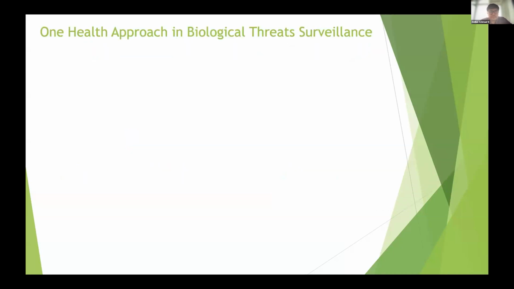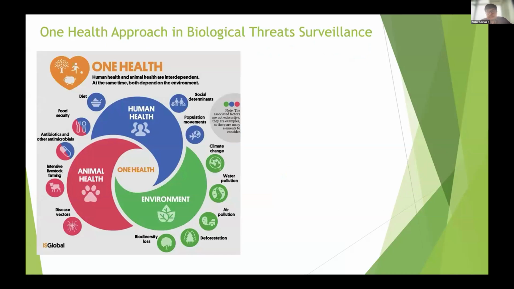Right now, with what I've said in the introduction, there is the possibility of biological threats, involvement of animals, and recent globalization and climate change. We need a different approach to public health surveillance.